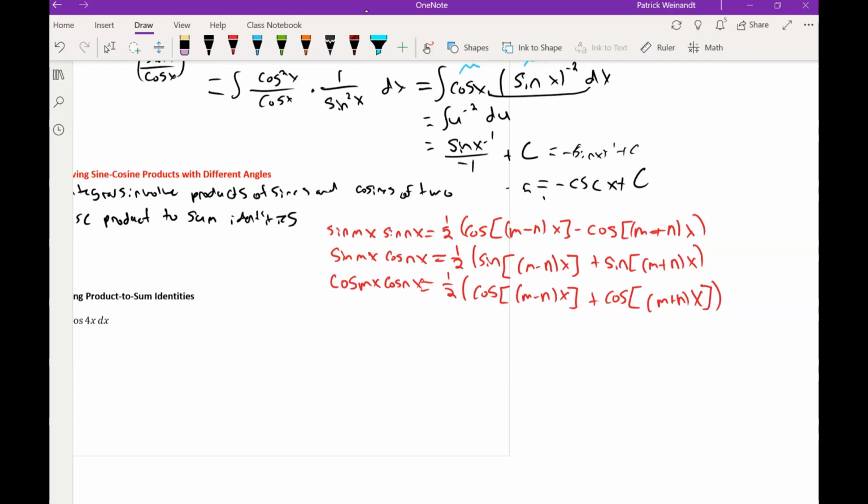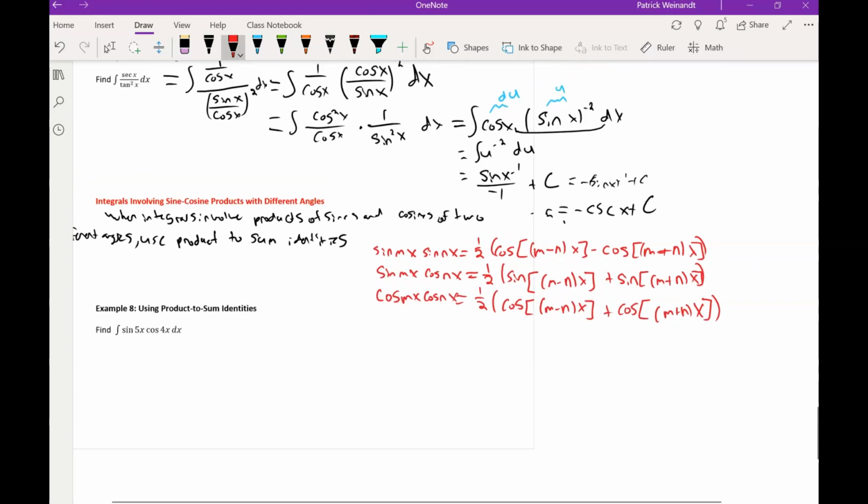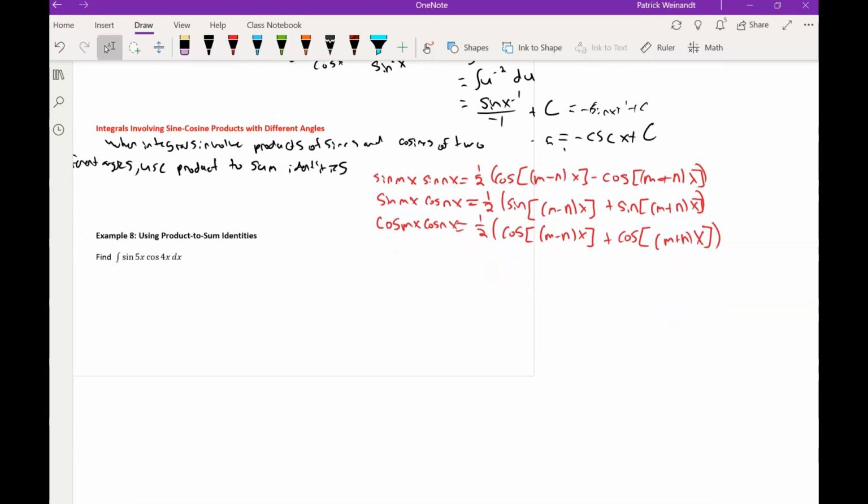I'm just missing brackets everywhere here, aren't I? Alright, now we're good. So we're going to want to use these product to sum identities, rewrite them, and then kind of integrate from there.